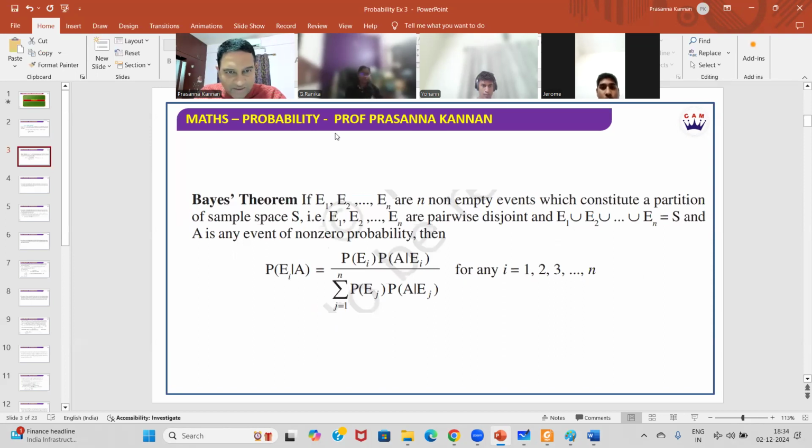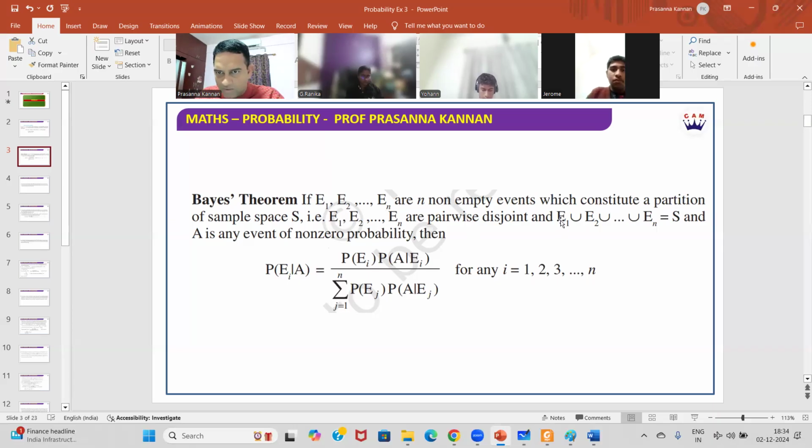Okay. So the next continuation of the theorem on total probability is what we call Bayes theorem. If E1, E2, E3, up to En are n non-empty events which constitute a partition of sample space S, that is, E1, E2, E3, etc. are pairwise disjoint. When I say pairwise disjoint, that means they don't have anything in common, so I can also term these events as mutually exclusive.